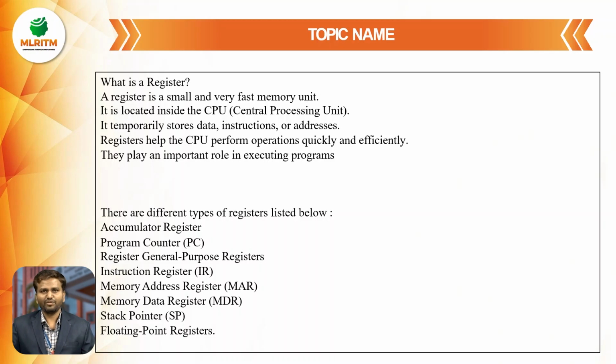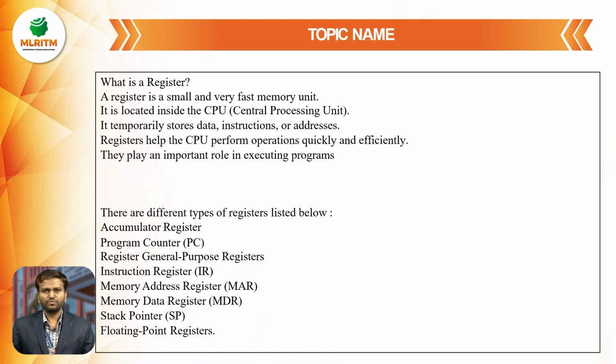The communication is done in the CPU, and we get the output. The instructions are processed through the registers, and the addresses are stored in the registers only temporarily. The registers help the CPU perform operations quickly and efficiently.